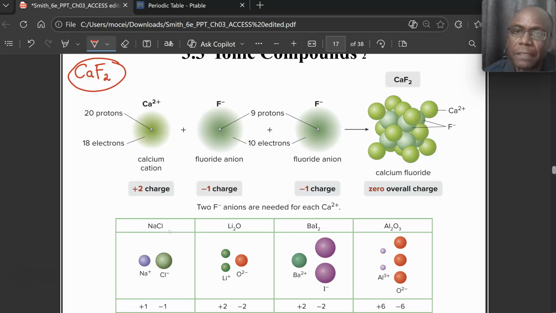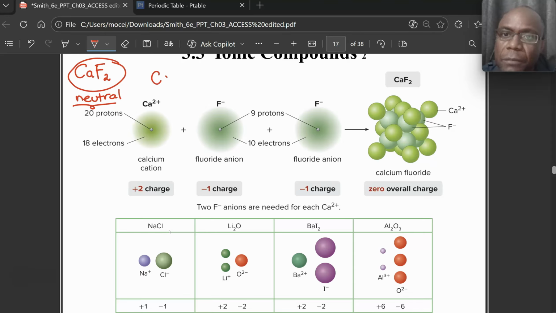This does not have a charge overall. The compound is neutral. We call this a compound because we defined before that compounds are made when two different elements combine.